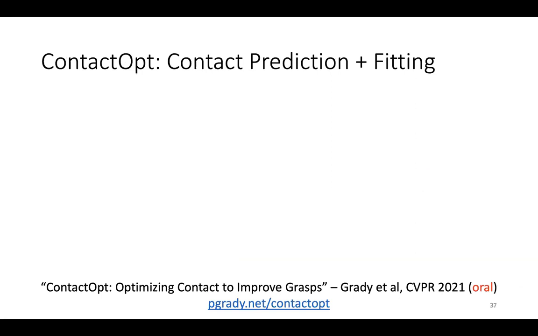And so then all of these things nicely tie together in this new CVPR work that just got accepted to CVPR 2021, which is called ContactOpt, and it's led by Patrick Grady, another PhD student at Georgia Tech, where we developed this integrated framework for doing both contact prediction and contact fitting.